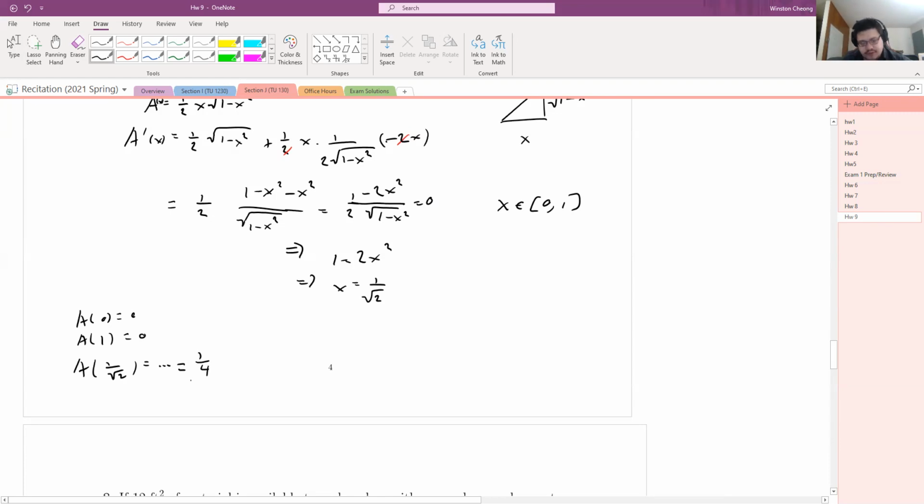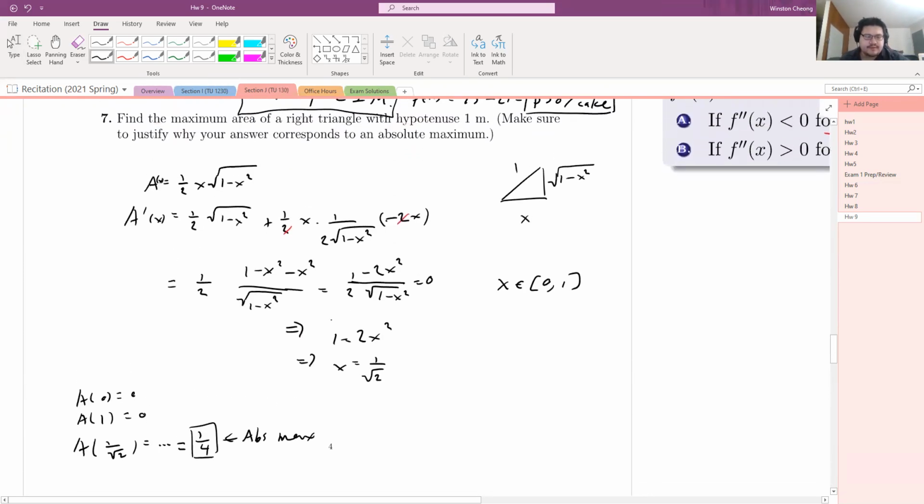So you're going to get 1 over 4, and clearly that's the highest number on this list. So this is the absolute maximum. And so what are we doing? Absolute maximum value for area, and the reasoning is by the closed interval method. I think that's all I needed to do for that. Okay, so that makes sense.